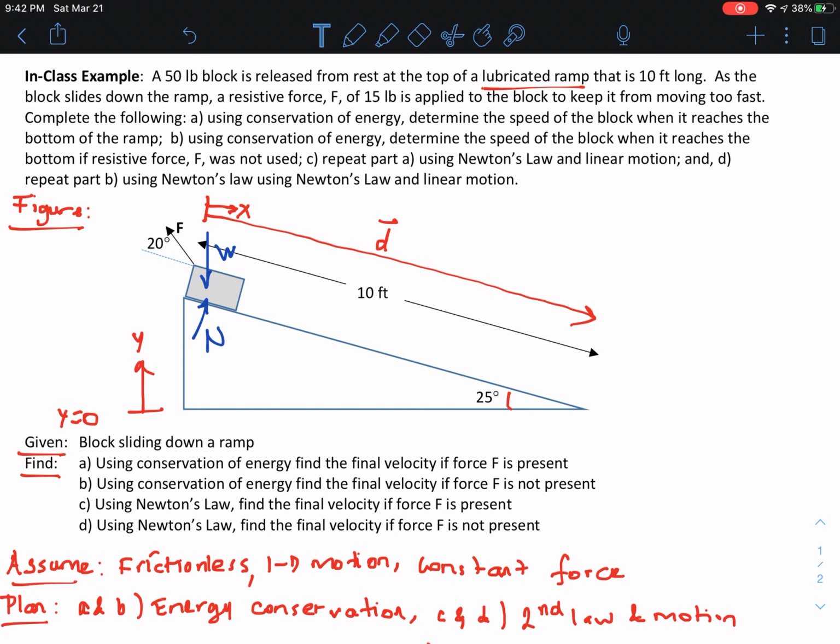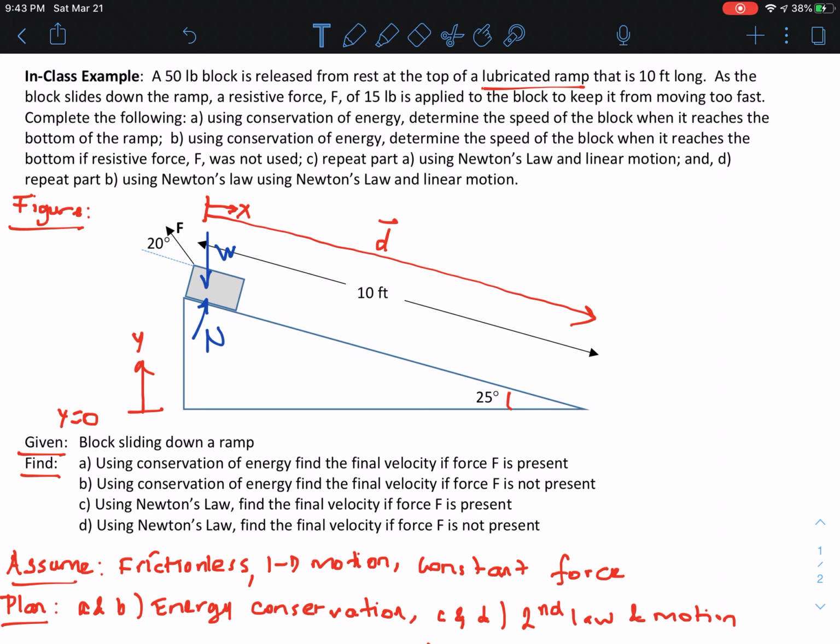And parts C and D are the same thing, repeats of A and B, but using another method, and that would be Newton's second law. So I've already shown several things here to save some time, and I'm going to highlight those when we're solving. But again, some free body diagram, and I will draw this later again.